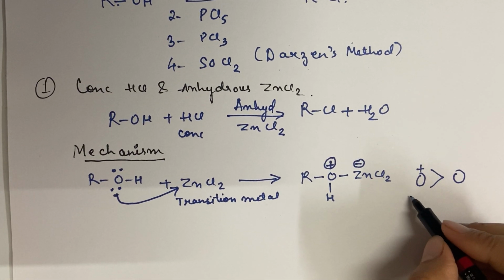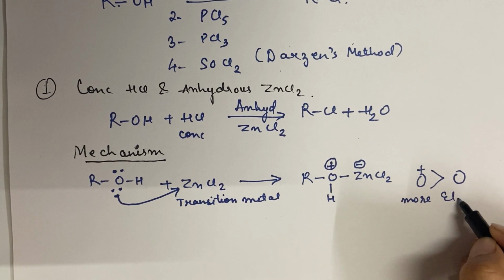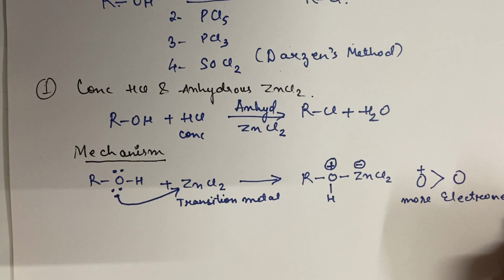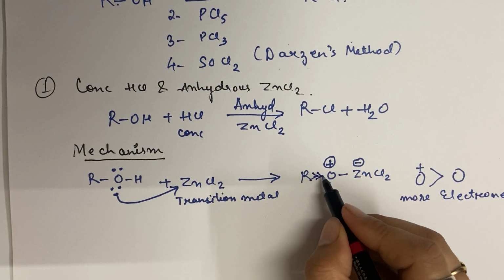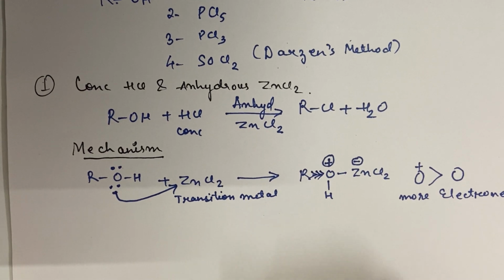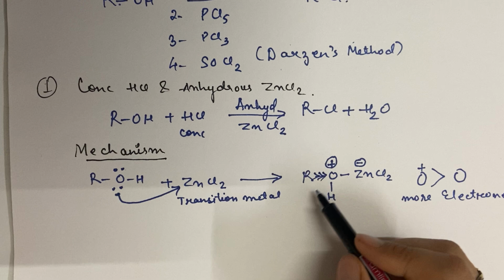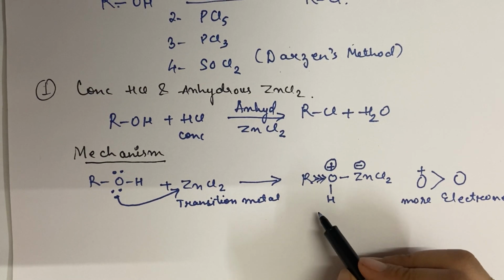So this oxygen will take its electron from somewhere, and it will take its electron from R. Because R is an electron donating group, it will give electron to oxygen. So this positive charge will settle down because of the donation of electrons from the alkyl group.